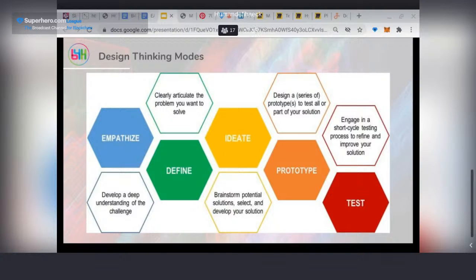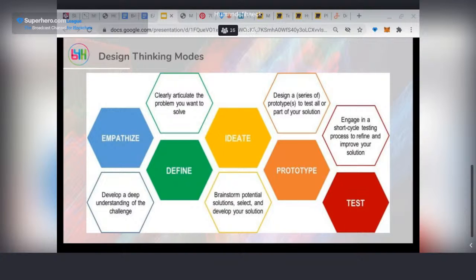So the sooner that we convert an assumption into true or false, the better. So when we are prototyping, it's okay to fail. We allow ourselves to fail, but the important thing is to fail fast and to fail cheap.